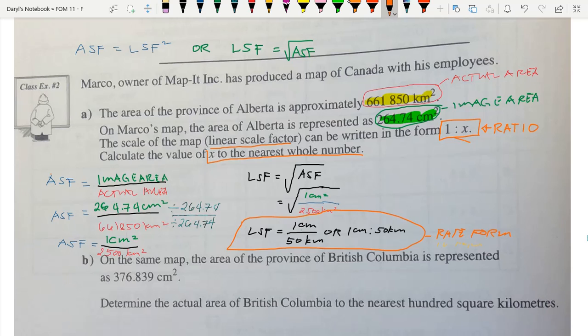However, I want to get the value of the linear scale factor in ratio form. So how would I do that?